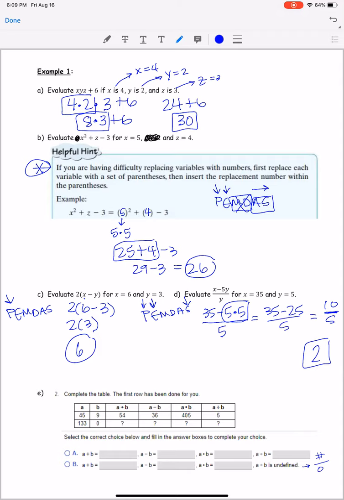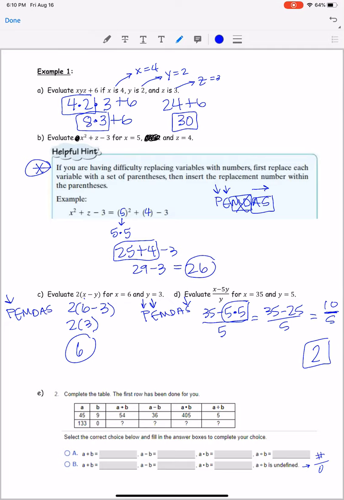And so that's the only difference here between choice A and choice B. You're still going to do your A plus B, your A minus B, your A times B. But when you get to your A divided by B, is it going to give you a number or is it undefined because we're dividing by 0? So let's just kind of go through these and see what we get.